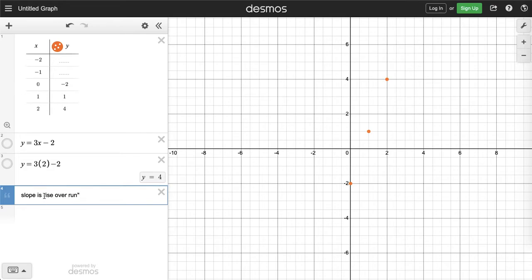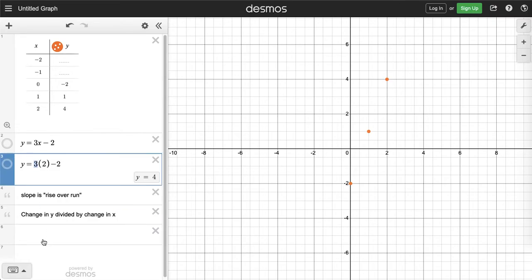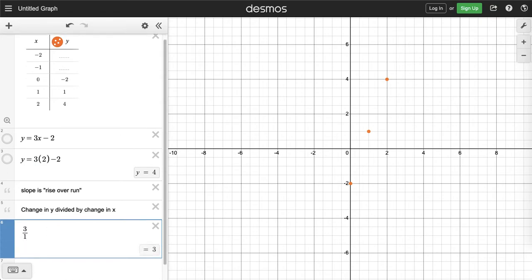Another way of thinking of rise over run is the change in y divided by the change in x. So how much are we going up or down divided by how much we are moving left or right. Okay, so that value of 3, if we were to write it as a fraction, would be 3 over 1. And that means that we are going up 3 every time we move 1 to the right.